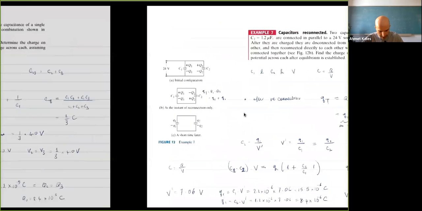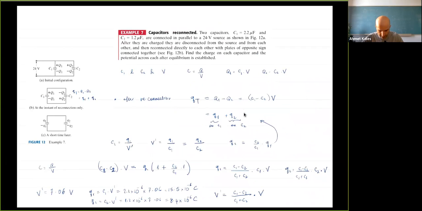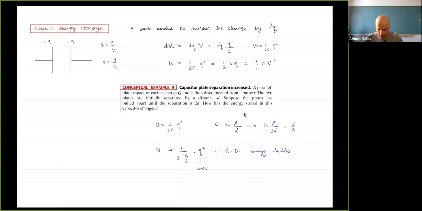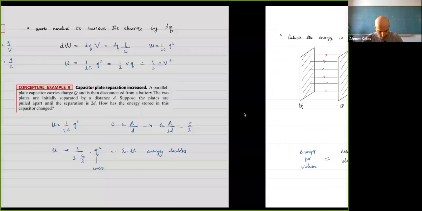We solved some problems. We talked about electric energy storage. Electric energy stored in a capacitor is given by either of these, whichever you like. It's 1/2 C V squared, or 1/2 Q squared over C. By using this formula over and over again, you can convert it to this form or to this form, okay?